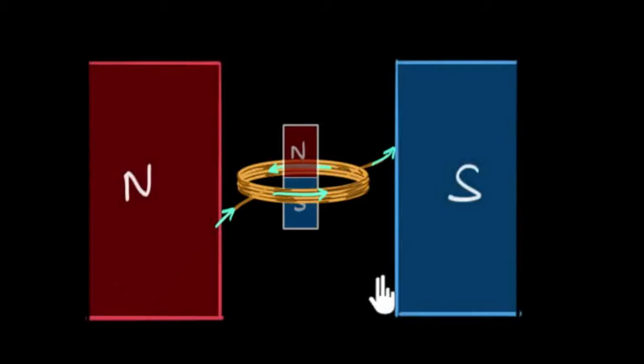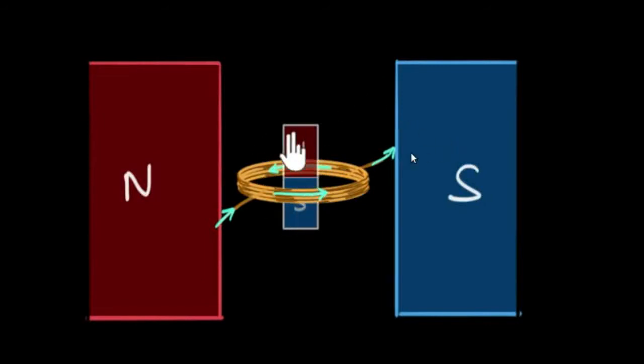So a current carrying coil will act as a bar magnet. Now an external magnetic field is provided with the north and south poles of two bar magnets, and as a result there will be an interaction between these two, and if this bar magnet is not fixed, this magnet will rotate.